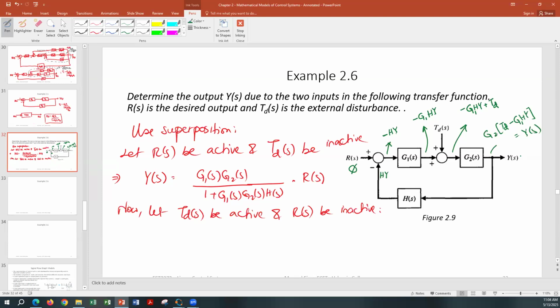I'm just following the signal at each point, as I said, to write down my equation. I can call this Y1 because I'm going to call this Y2. So Y2(s) is equal to G2(s) times TD(s) minus G1(s) H(s) Y2(s).